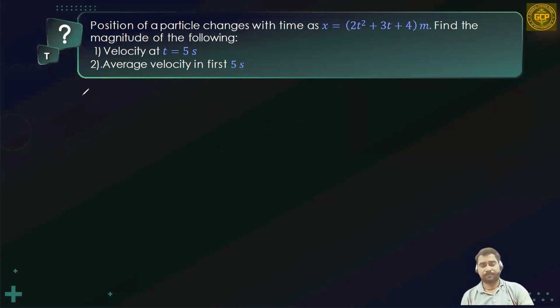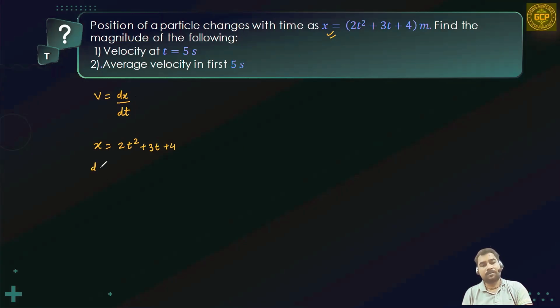We already know that if we have position and need to determine velocity, we differentiate. Velocity is dx upon dt, change in displacement upon change in time. So let's calculate dx upon dt. x is already given as 2t square plus 3t plus 4.